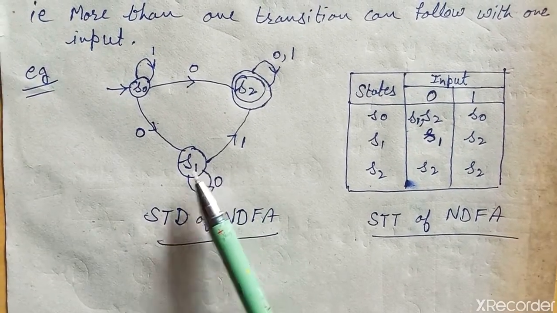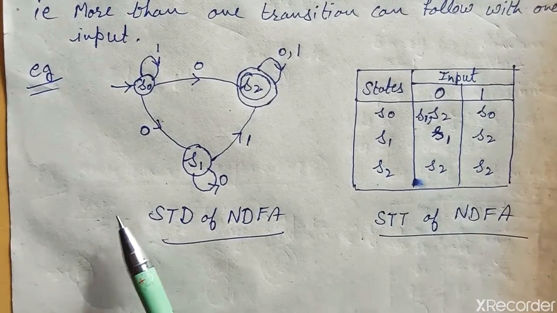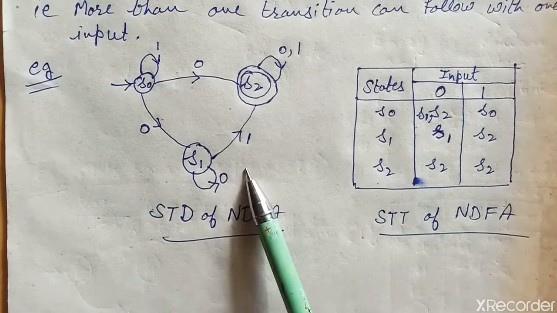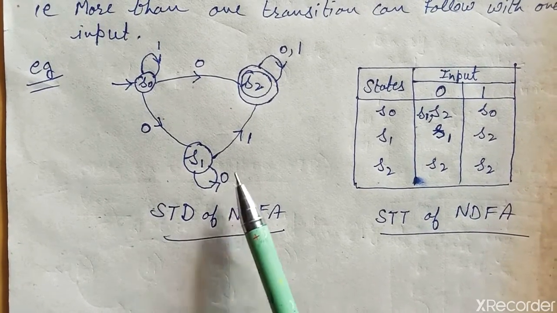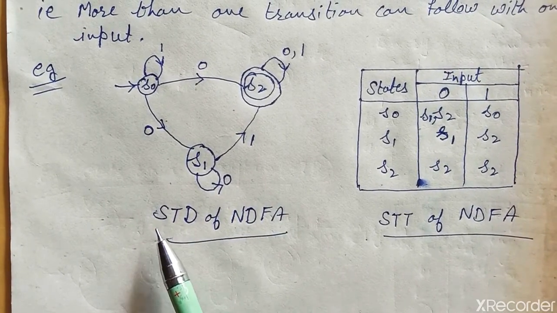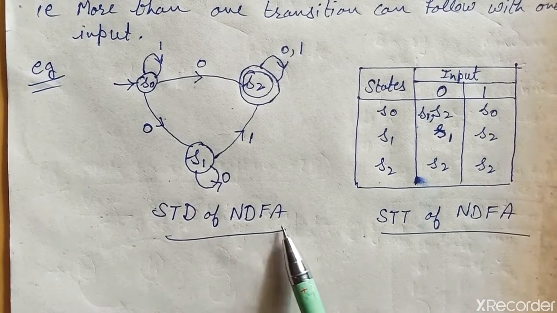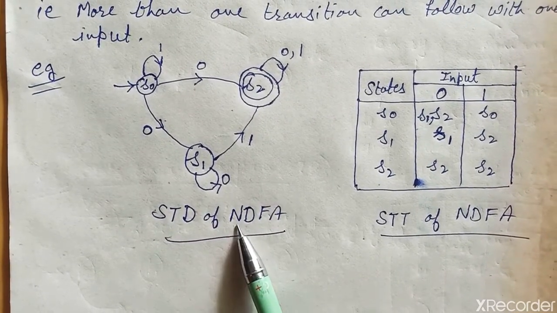सो लेट अस अंडरस्टैंड नॉन डिटर्मिनिस्टिक बाय एन एग्जाम्पल. सो दिस इज a finite state machine. So diagram is there, so we call this is state transition diagram. So let's see how this is NDFA.